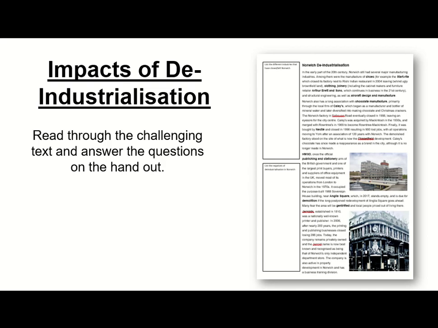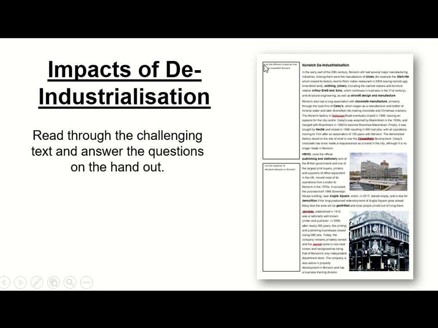So the last thing we need to look at, you just looked at the causes of deindustrialisation, and obviously with the closure of factories and the moving of industry, there's going to be some impacts as well. Now those impacts are highlighted quite nicely in the challenging text task, which talks to you about all sorts of different places specific to Norwich, including Sovereign House, and this is Gerald's here as well.